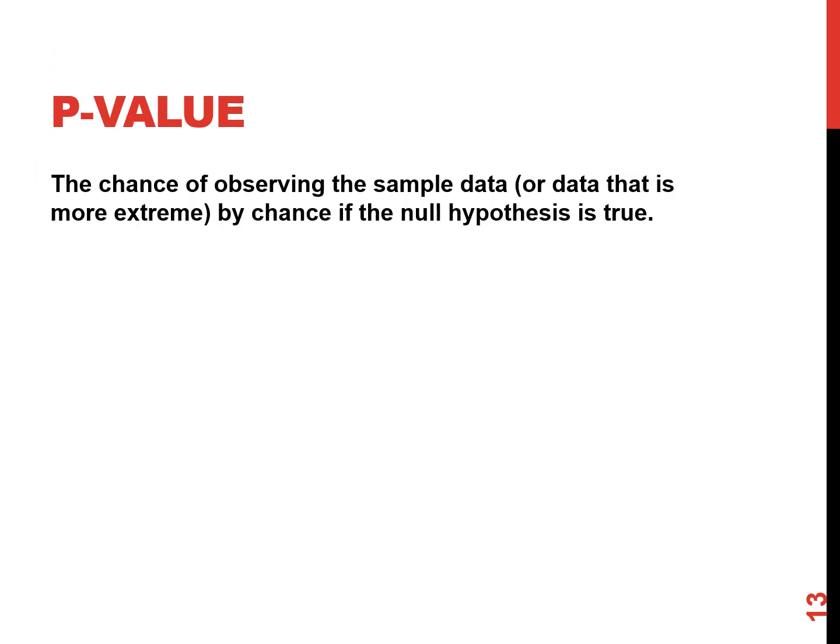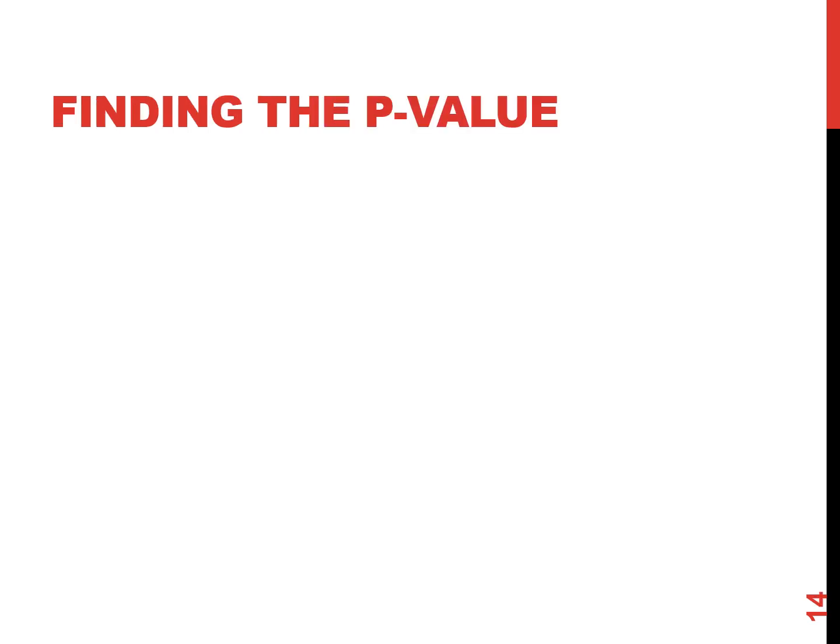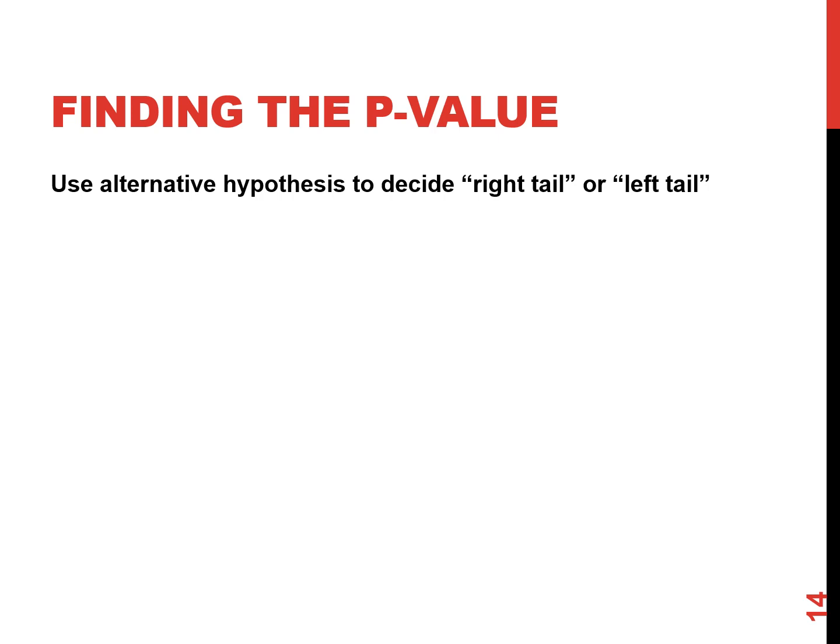Now remember, the p-value is the chance of observing the sample data, or data that's more extreme in support of the alternative hypothesis, by chance if the null hypothesis is true. So how are we going to find that? First of all, we use the alternative hypothesis to decide if we are going to use a right tail or a left tail on our test.